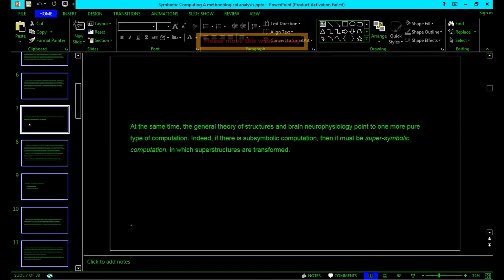At the same time, the general theory of structures and brain neurophysiology point to one more pure type of computation. Indeed, if there is symbolic computation, then there must be supersymbolic computation, in which superstructures are transformed.